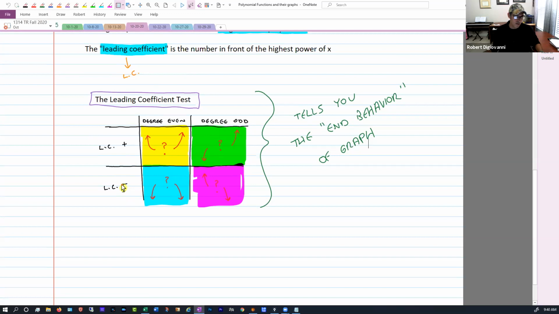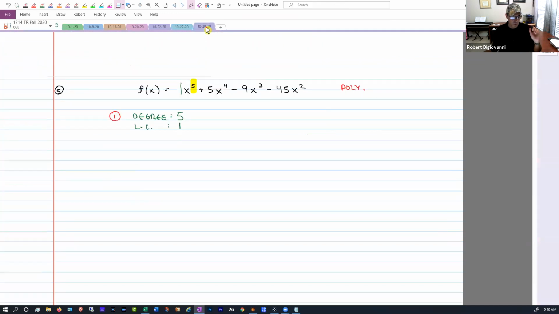Here, our degree was odd, right? It was 5. So we have an odd degree and a leading coefficient of 1, which is positive. So we're going to be the green thing here. That's what our graph should look like. That means we know the left side goes down and the right side goes up. In the middle, we don't know. There could be a bunch of weird stuff happening. Okay, good. Who's got the second step?